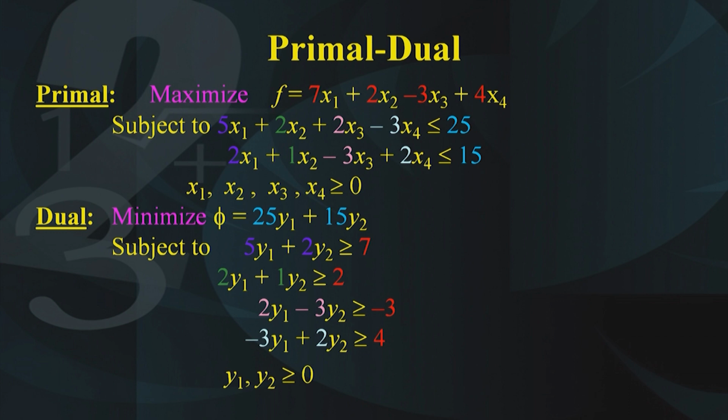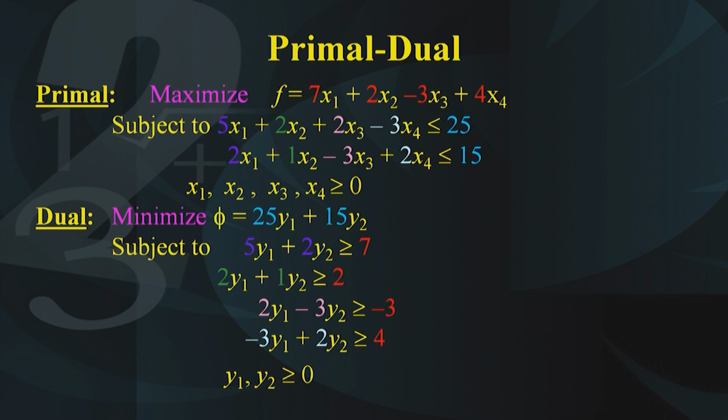Now, what do you find? In the primal, the objective function was to be maximized, whereas in the dual, it has to be minimized. So, the primal maximization of f becomes the dual minimization of phi. That is the first relationship we have observed.